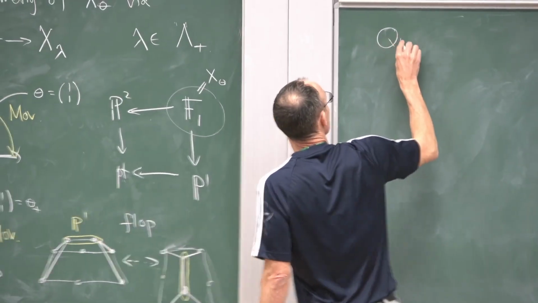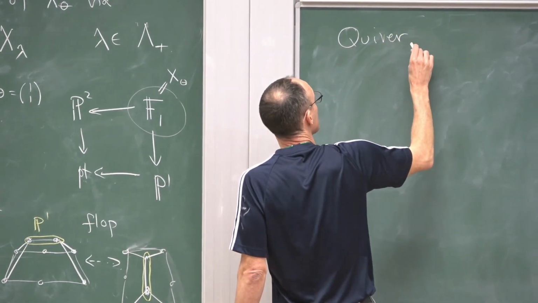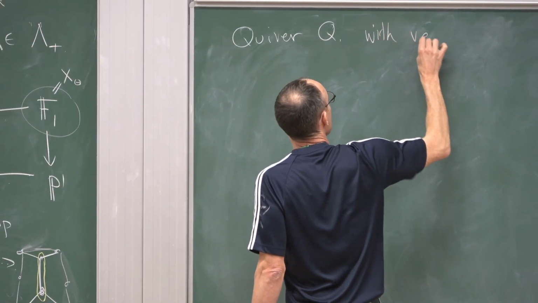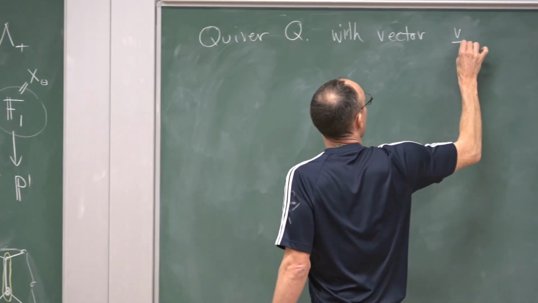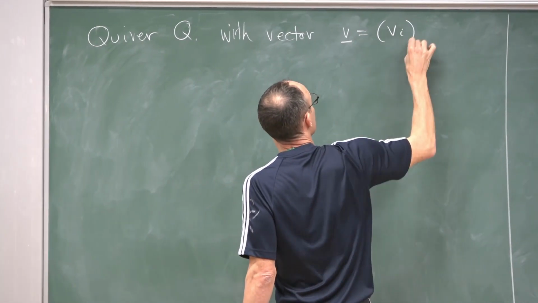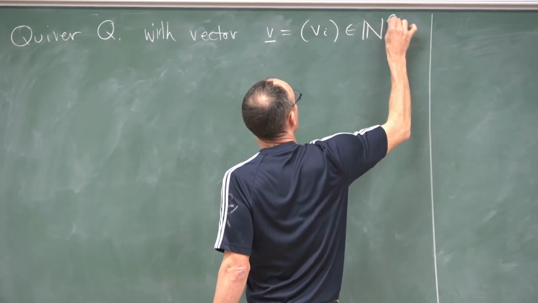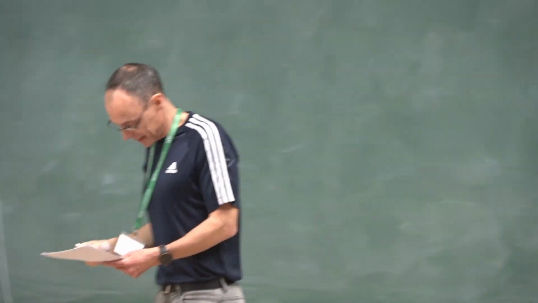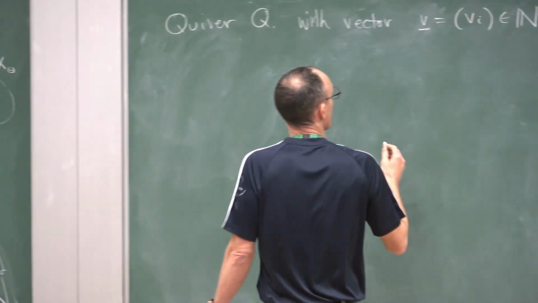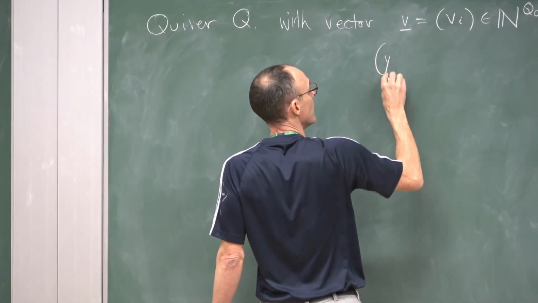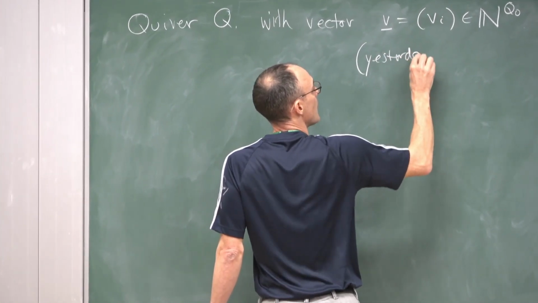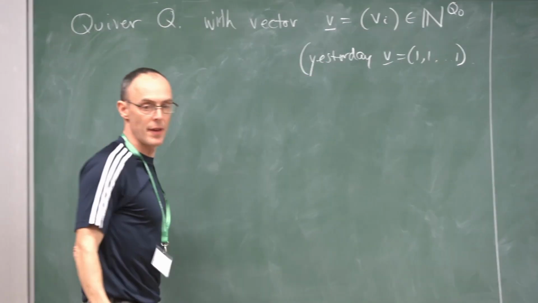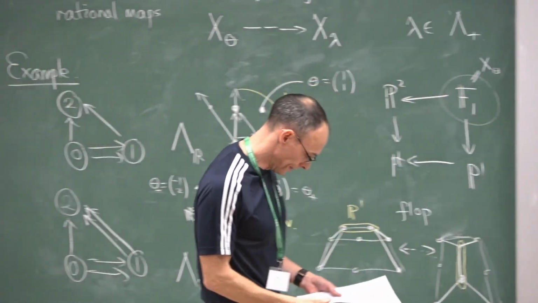Now I want to move on, and I'm just going to add in one extra piece of information, a quiver with a dimension vector that I'll call V. It's a tuple of non-negative integers, one for every vertex. And so everything I was doing yesterday, I was implicitly dealing with the choice 1, 1, 1, 1, 1.